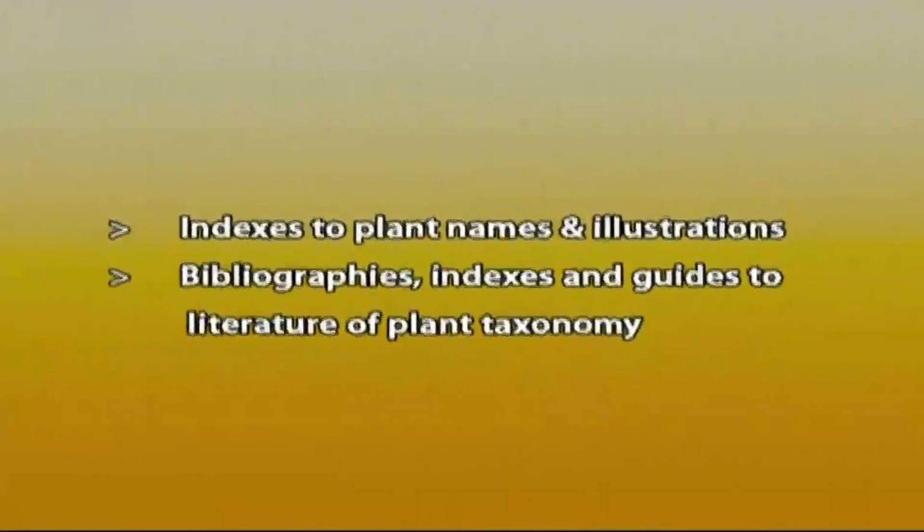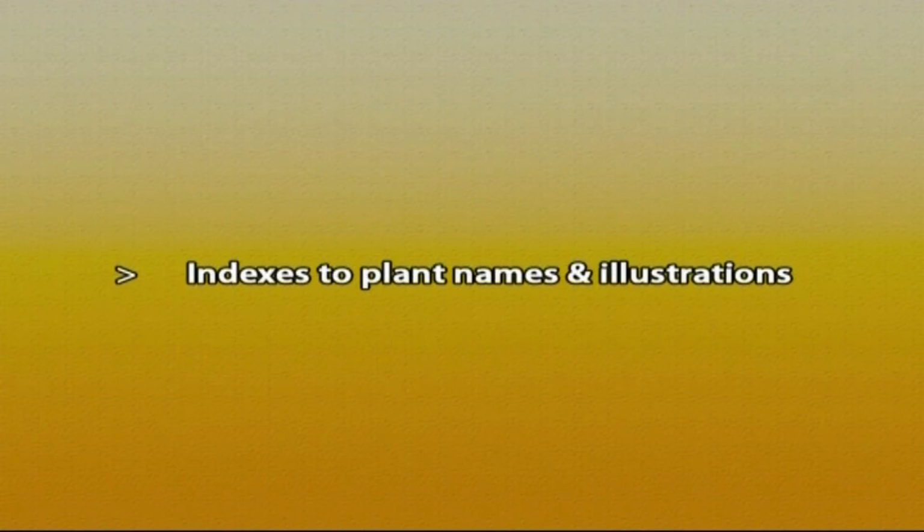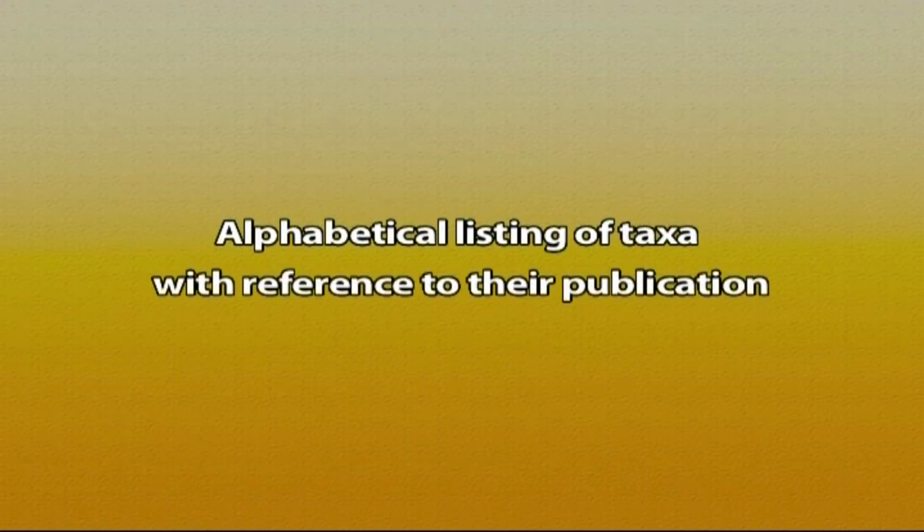Let us start with first, that is indexes to the plant names and illustrations. What is an index? An index is an alphabetical listing of taxa. Taxa means any taxonomic group with reference to their publication, when this description of a particular plant was first published in a particular publication, say a journal.